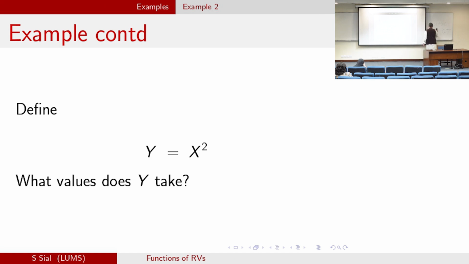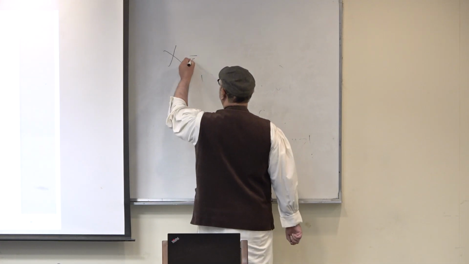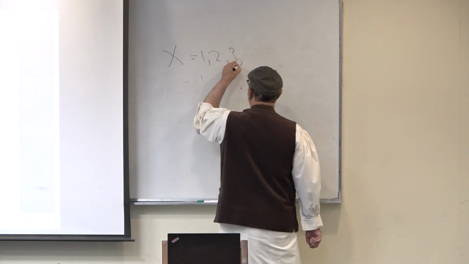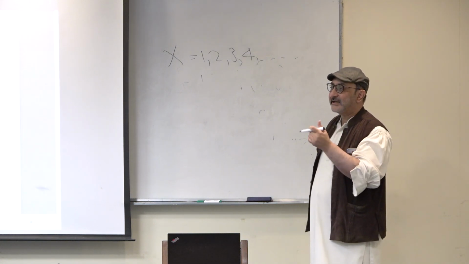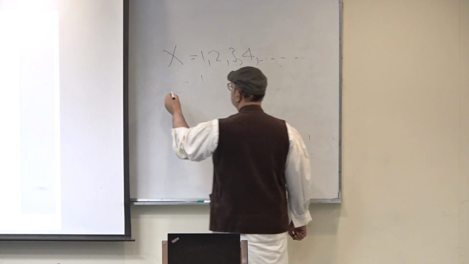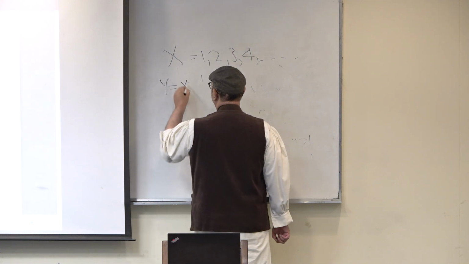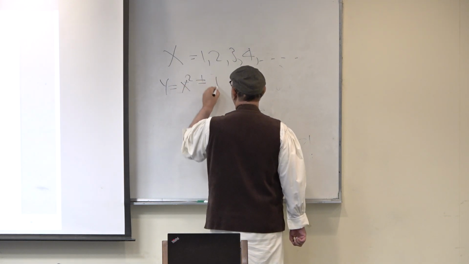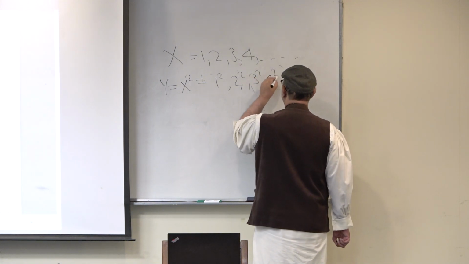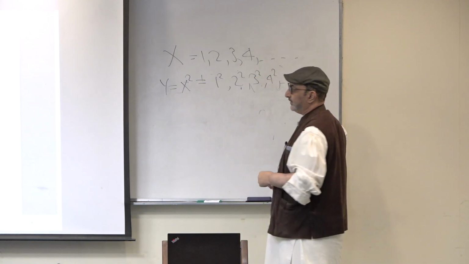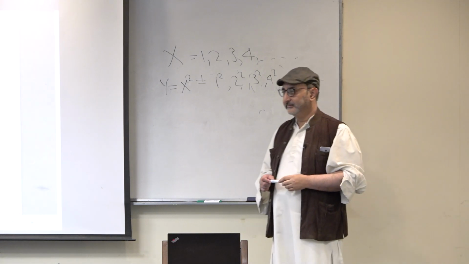So if y equals x squared, then what values can y take? X can take values, we said 1, 2, 3, 4, and so on. Y equals x squared. And so that can take values 1 squared, 2 squared, 3 squared, 4 squared, and so on.